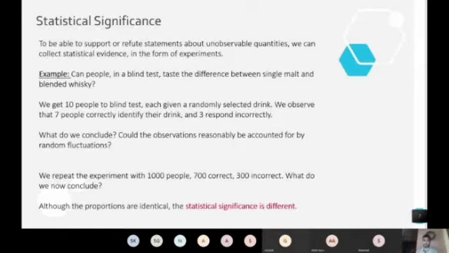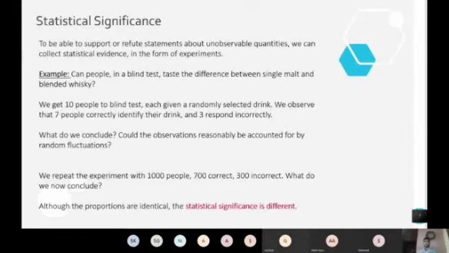Say we did this experiment with 10 people. 7 can correctly identify their drink and 3 couldn't. Can you say that they can correctly identify the difference? No, because it's only 10 people. But if we repeat this experiment with 1,000 people, then you will say yes, this is more significant.